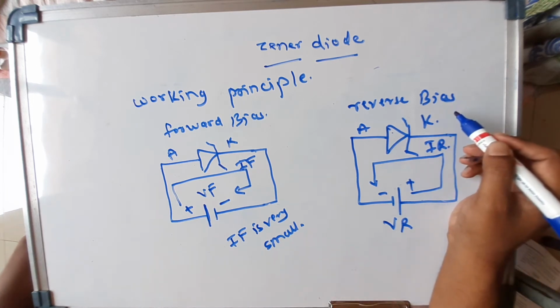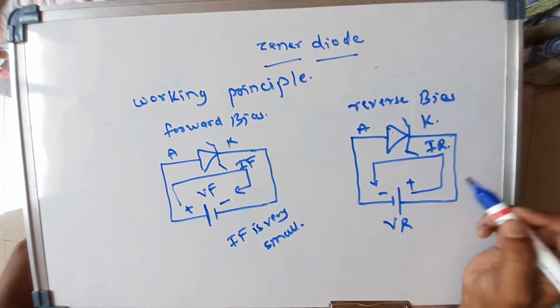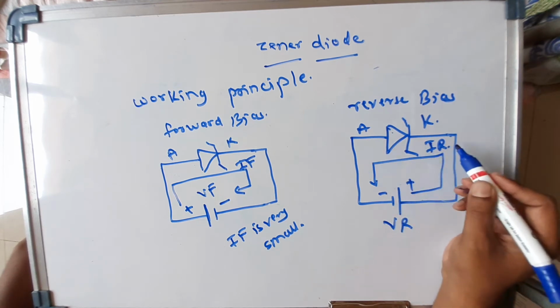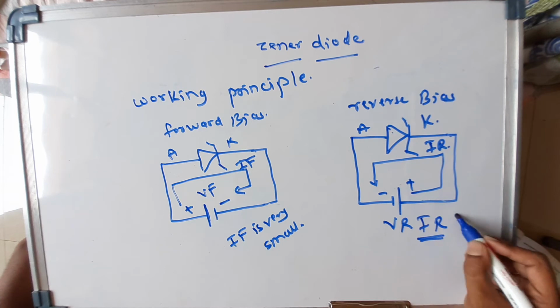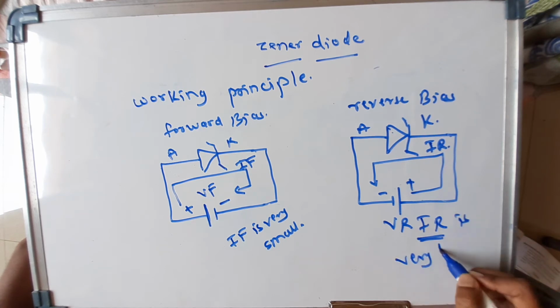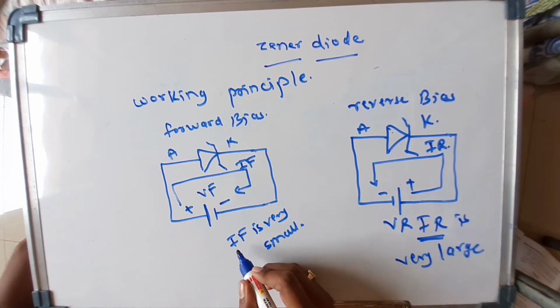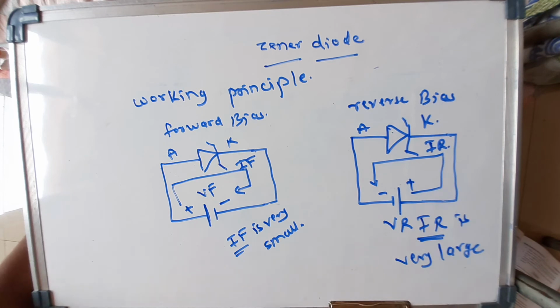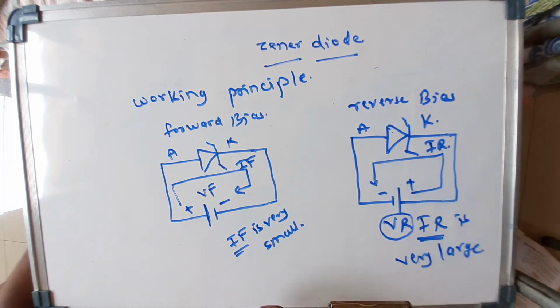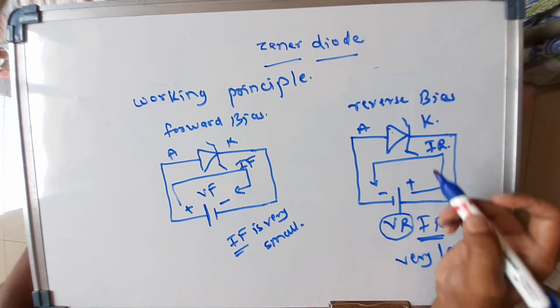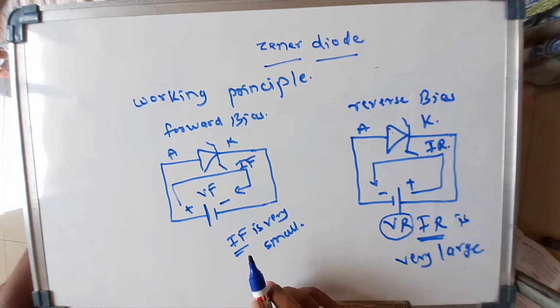Zener diode will work in the reverse bias mode. This one, a large amount of IR, that IR is called as reverse current, is very large as compared to forward current. That's why a large amount of voltage, reverse voltage VR, should be applied across the Zener diode.